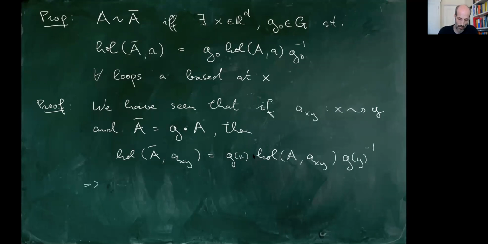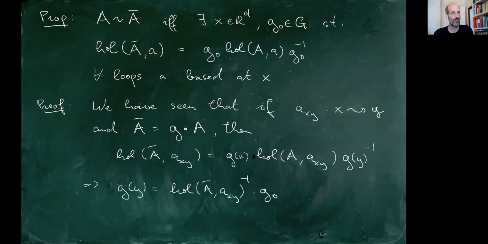All right, so therefore the G of Y is just, well, I move that stuff to the left and I take the inverse, right? So I get the holonomy of A bar along AXY inverse times G of X, but the G of X is really our G0, right? We've already seen.